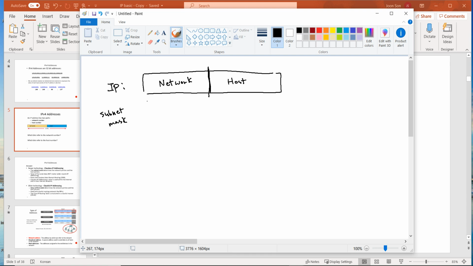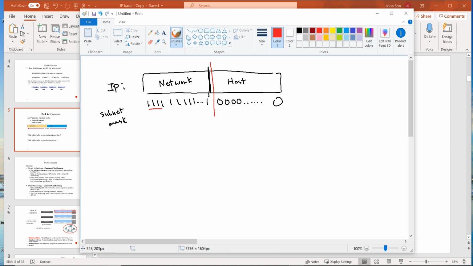So let's say the subnet mask, as I said, is a contiguous set of ones, 1, 1, 1, 1, 1, 1, 1, 1, right? And then a contiguous set of 0s, 0, 0, 0, 0. So you can draw the line here, right?